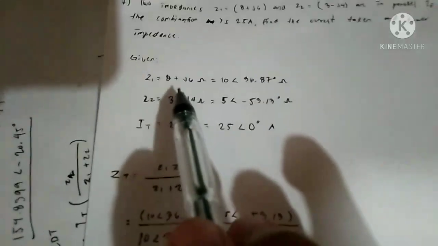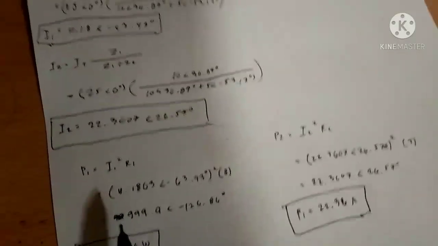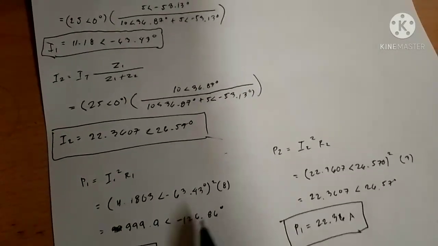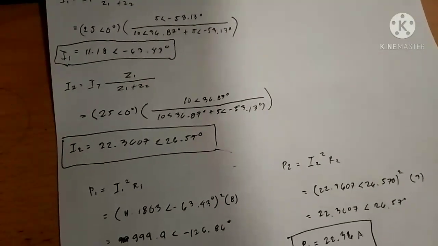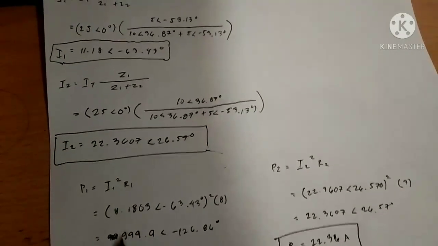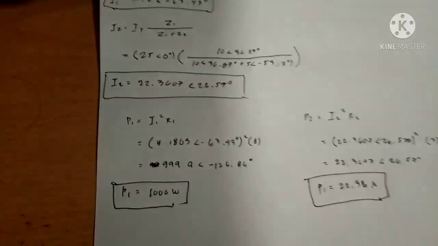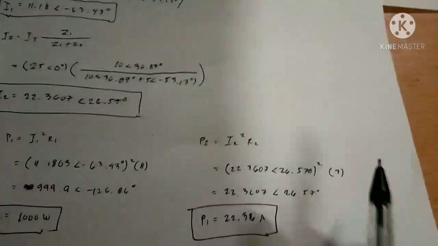If you calculate that, it will equate to 99.9 angle negative 126.86 degrees. So our power is actually just the 99.9. I rounded it up, which is 1000 watts, because again, this part is just direction.